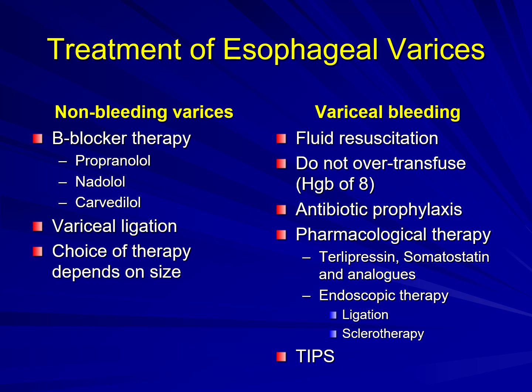In addition, we do perform endoscopic therapy, which is variceal band ligation or sclerotherapy, but usually the most commonly used technique is variceal ligation. And if all fails, we then proceed to a shunt placement, which is TIPS, that we will explain about later on.